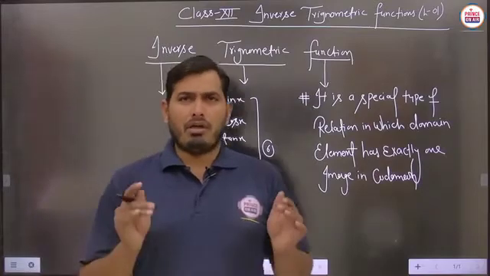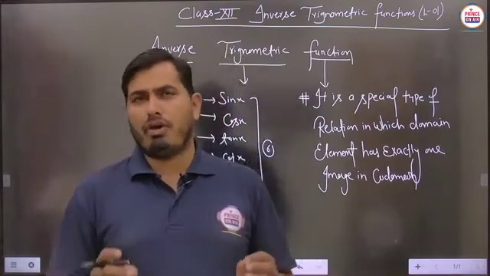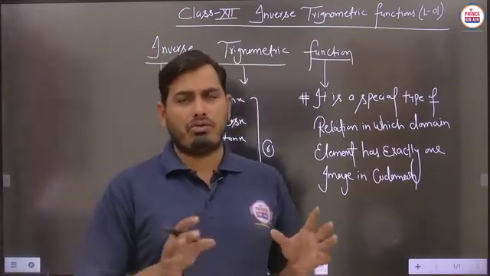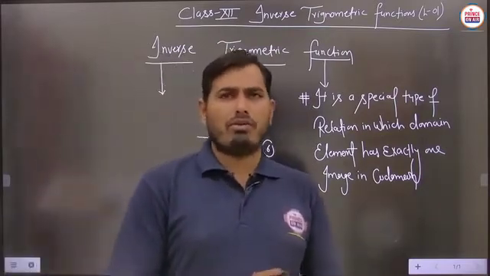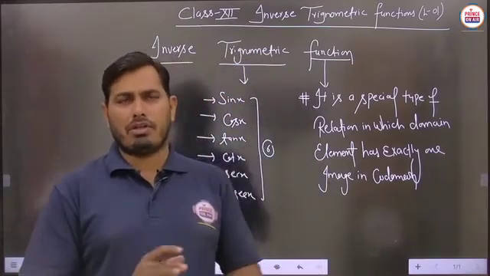That should be, if any function is 1-1 and onto, meaning it should be bijective, then its inverse will exist. Otherwise no inverse of any trigonometric function or any other function will be obtained.